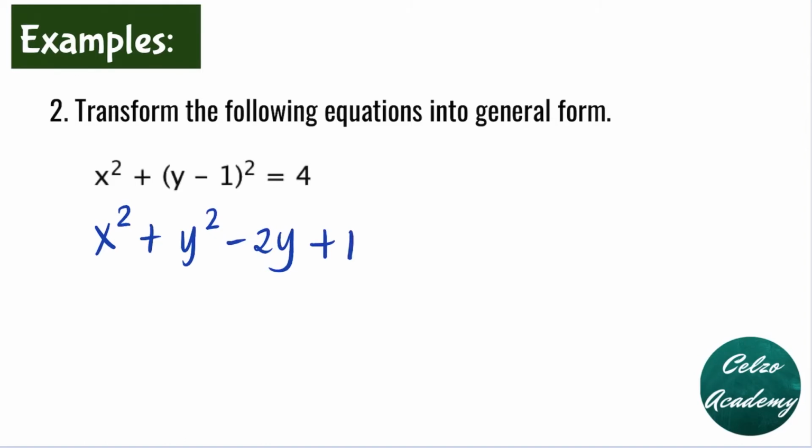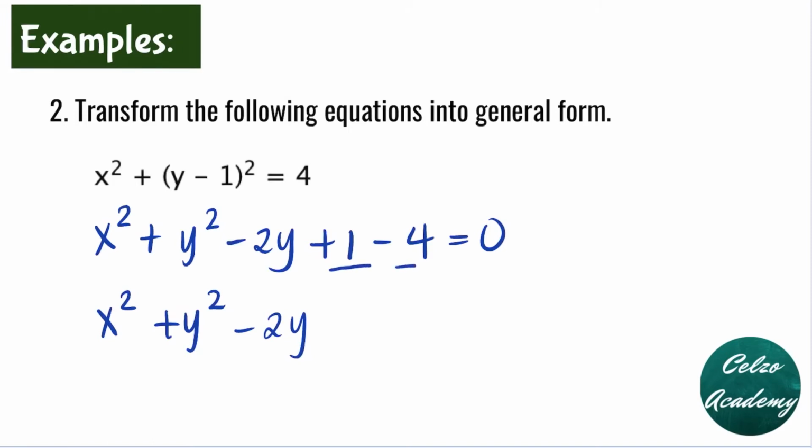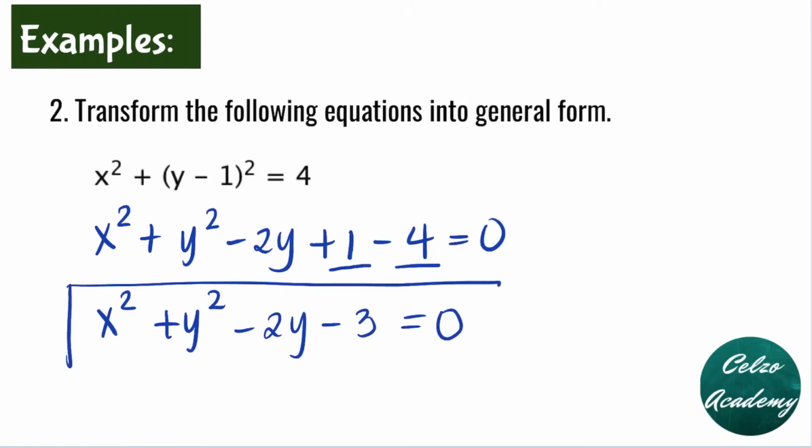And we will transfer positive 4 to the left. That becomes minus 4 equals 0. Now, simplifying this further, write down x² + y² - 2y. And we will combine positive 1 and negative 4, which is minus 3. So we have minus 3 is equal to 0. This is the equivalent general form.